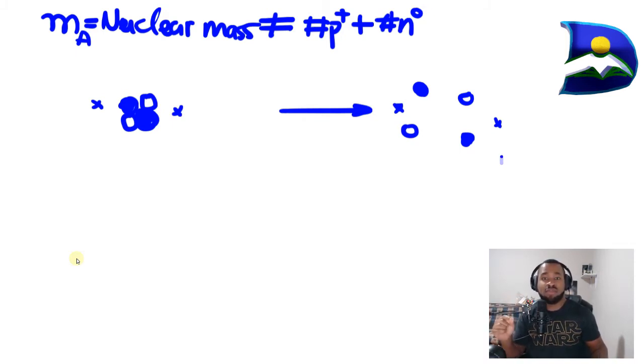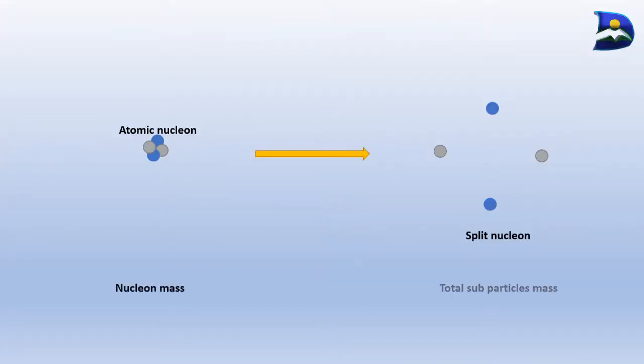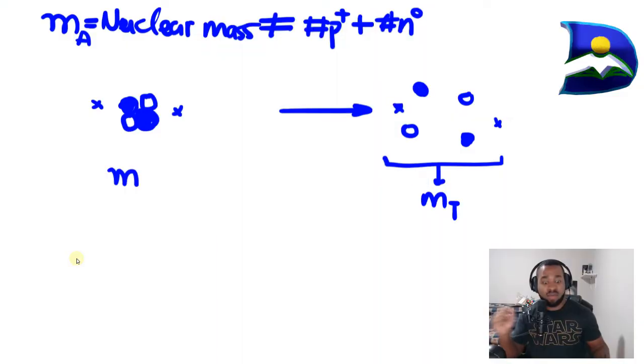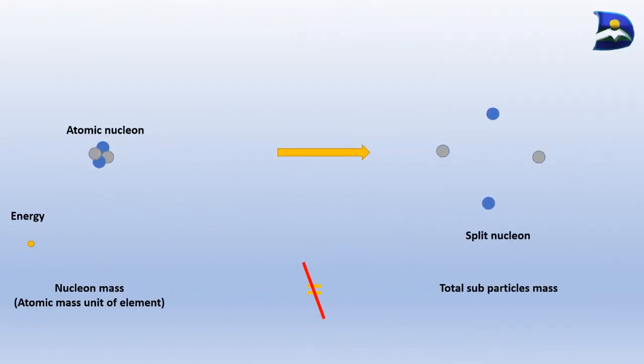We found that the mass combined on the right side, which we're going to represent as mt, is not equal to the mass of that particular atom or nuclear mass on the left side. And so why is that the case? We consider this to be due to the fact that the mass needed to make the left side equal to the right side is represented as a form of energy, and this energy is called the binding energy.